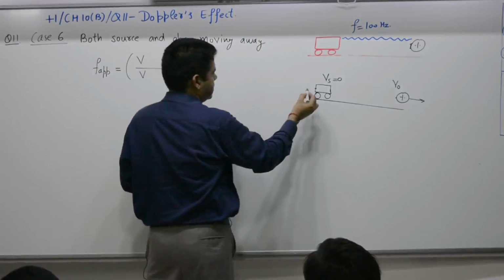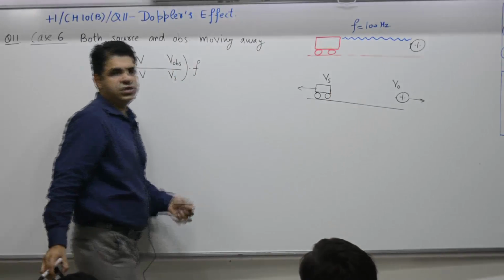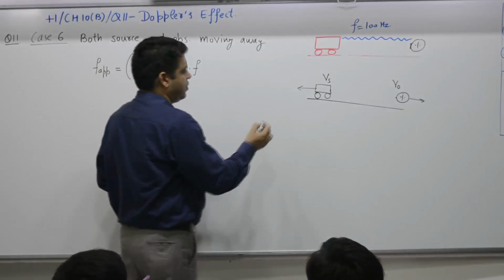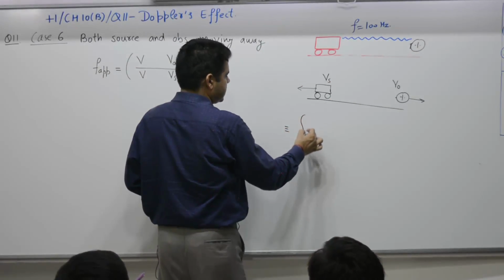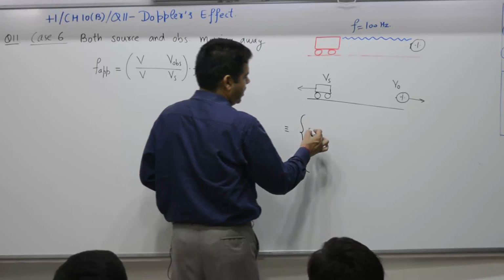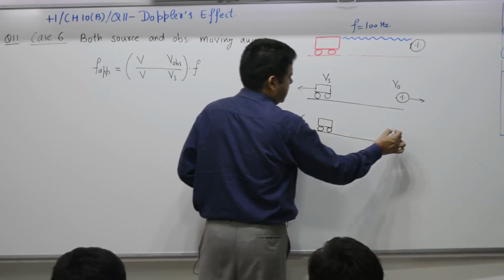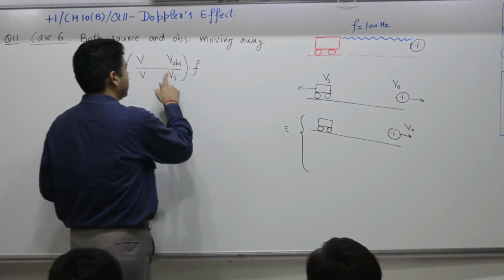The diagram is: both these values are non-zero. Now it is a combination of two cases. One, you can make source at rest and observer is moving away, when you have to decide the sign with the observer.